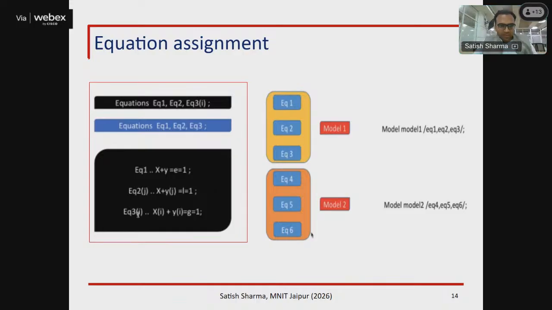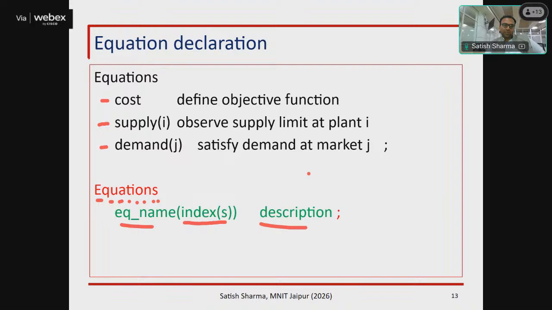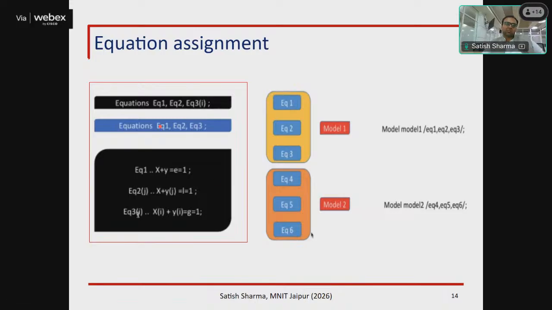I also explained that this description is optional, so either I can define it or not. You can see here I have defined equations 1, 2, and 3, or I can do it with the set as well, like equation 1, 2, and equation 3, which have to be written down for i. i can be some set.